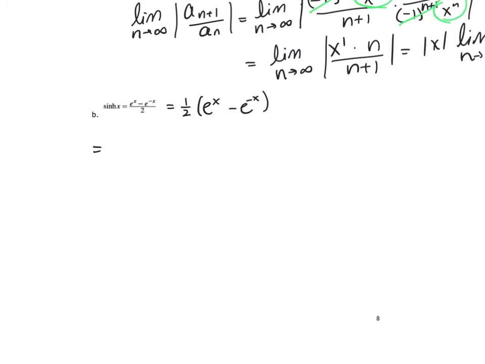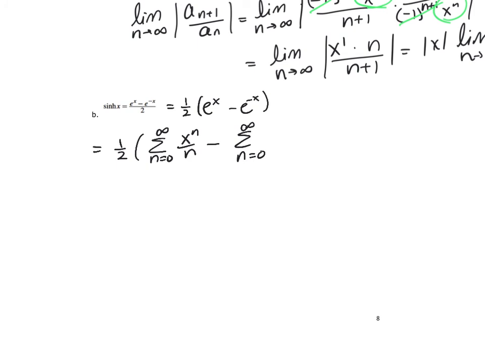So this is going to be equal to 1/2 the summation of n is equal to 0 to infinity of x raised to the n over n factorial, and then minus the summation of n equals 0 to infinity.